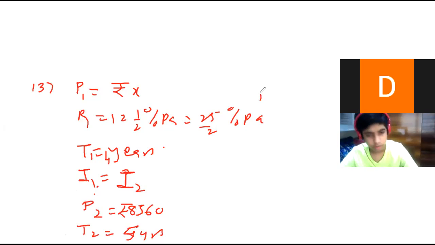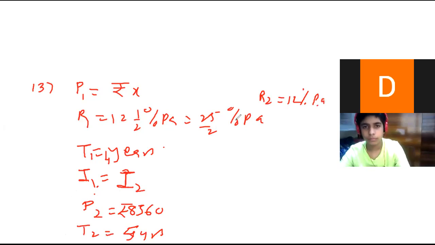At the rate, new rate is 12% per annum. Again, listen to the question. Some amount X at rate of 12.5 for 4 years gives some interest, but this is the same as the second interest. So can I say first interest, second interest same? So I1 is I2.